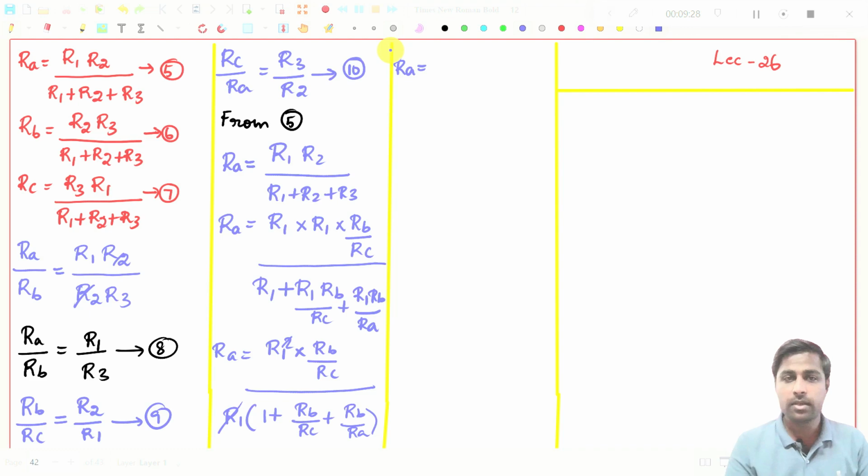in the numerator you keep as it is, R1 into RB by RC, there is no issue with this, all divided by, you take LCM for this term.